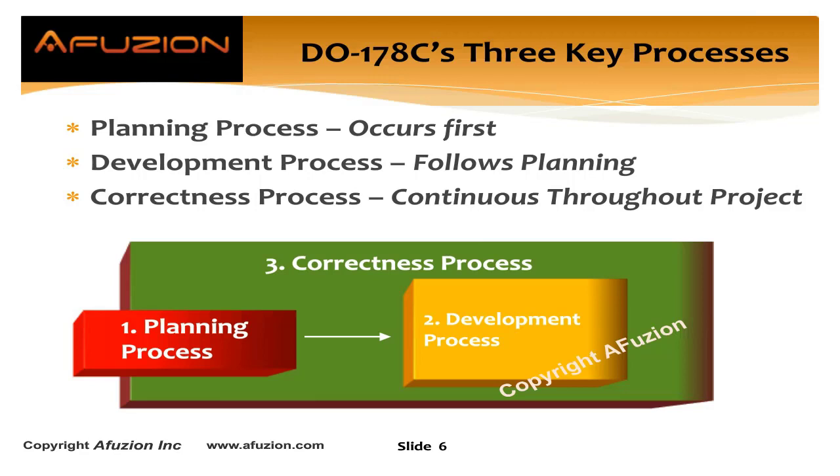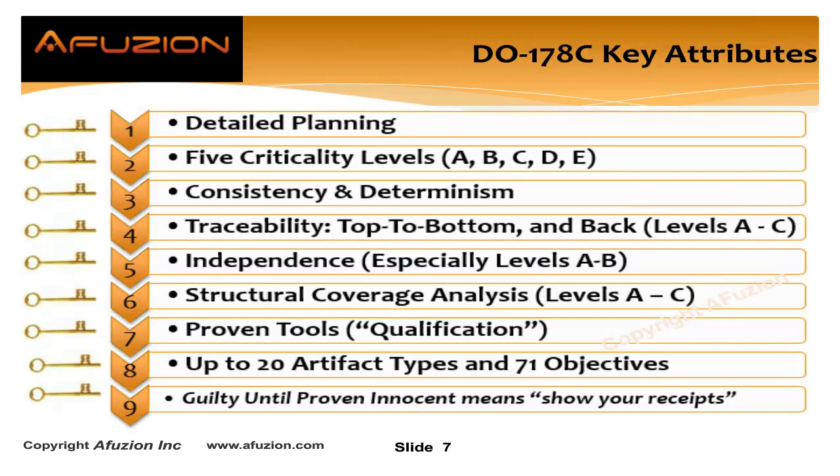Now, some key attributes of 178 that we're going to assess for our gaps. We're going to focus on detailed planning, the 5 different criticality levels, consistency, determinism, traceability from top to bottom, meaning are all the requirements implemented as specified, and then for the white box levels, A through C, bottom to top traceability.